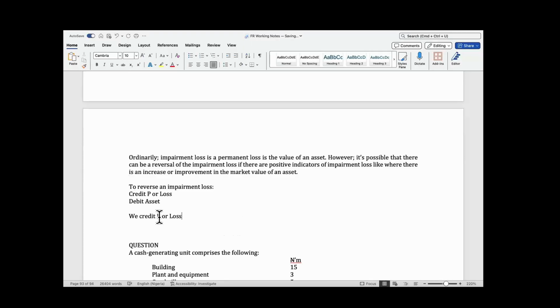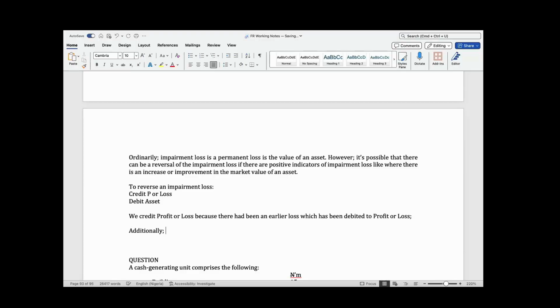We credit profit or loss because there had been an earlier loss which has been debited to profit or loss. So to reverse it, you simply credit the profit or loss.